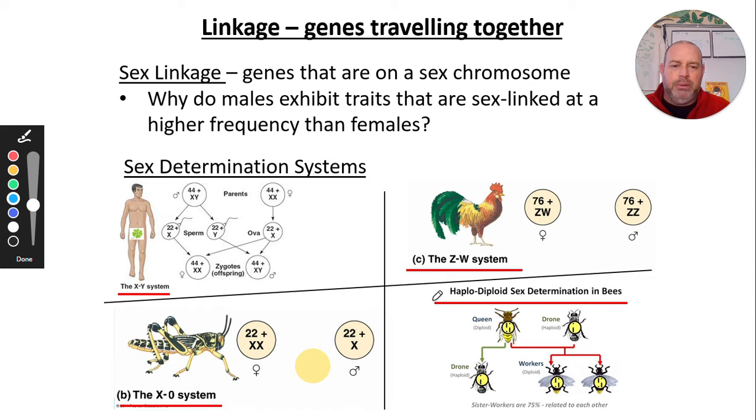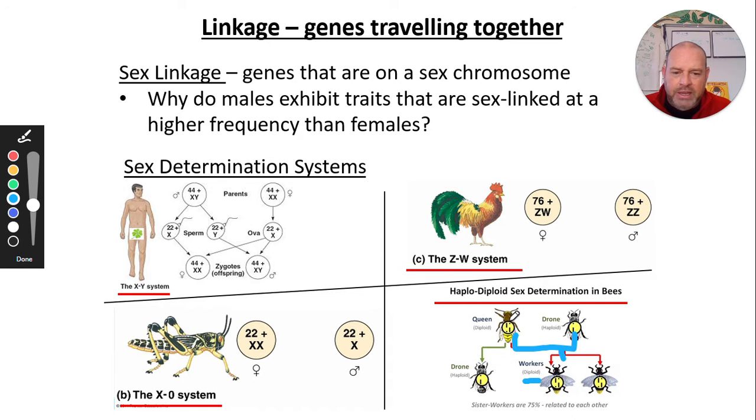Down here, the haplodiploid sex determination in bees. This one's a little funky. If you look, it says the queen is diploid, right? So two copies, and the drone is haploid. So the queen mates with a drone that's haploid, and if that happens, then you're going to get diploid workers right here, right? Because you're going to have these two parents contributing, and so you're going to be diploid.